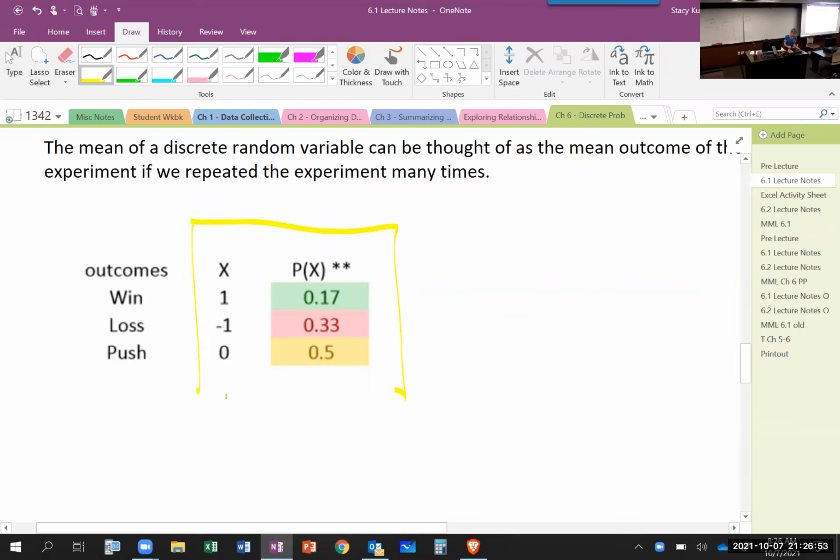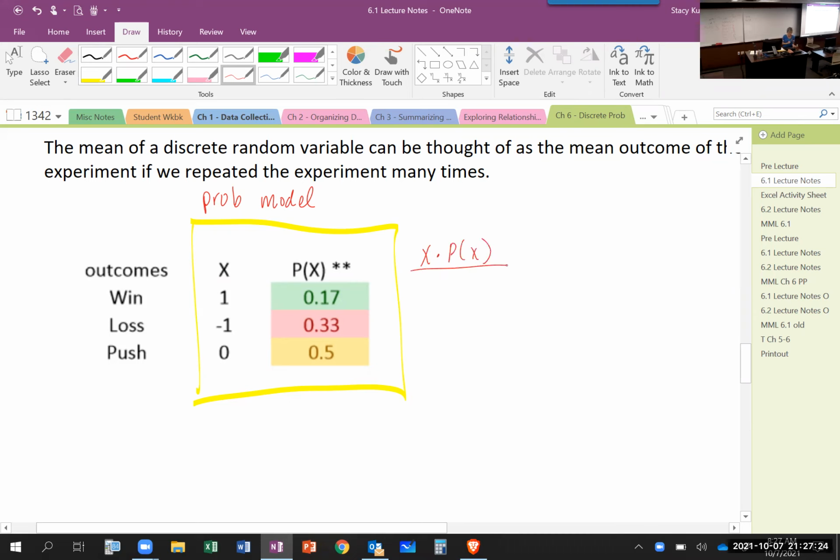This part right here is what we would consider our probability model, where we have some outcome and its respective probability. And if I follow along with the formula that we just wrote up there, I'm going to create a column over here on the very far right, and I'm just going to take each of these columns and multiply them together.